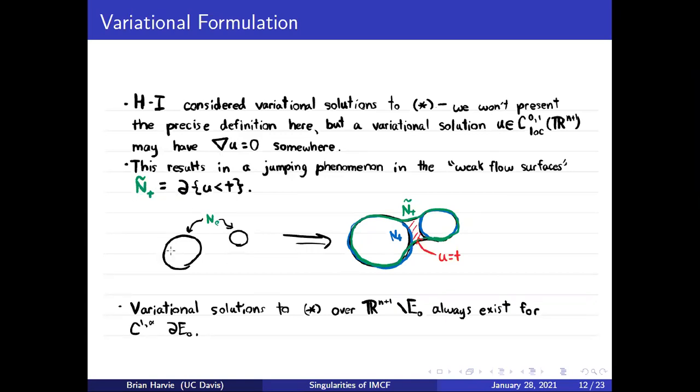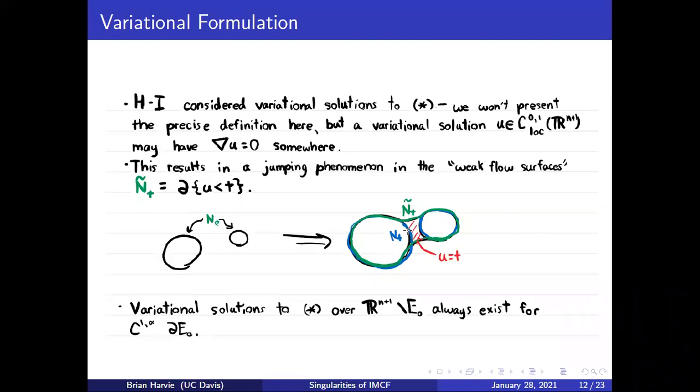I didn't quite draw this picture right, but if you think of N_0 as being the boundary of these two balls, and you think about the classical solution evolved from this initial data and the weak solution evolved from this initial data, there will be some region in R^(n+1) where u is constant over a set of positive measure.